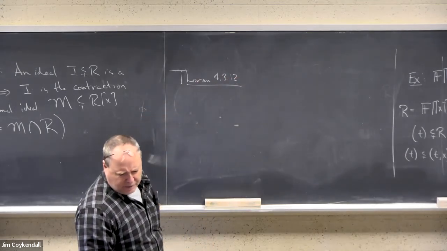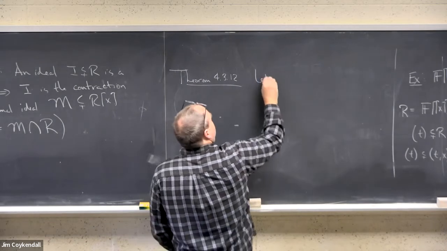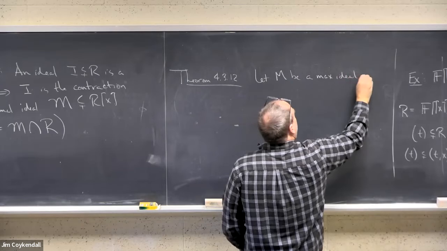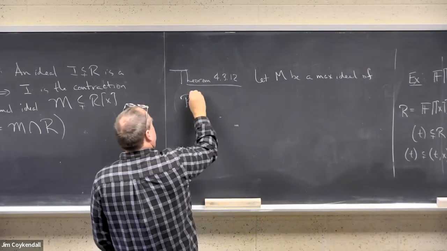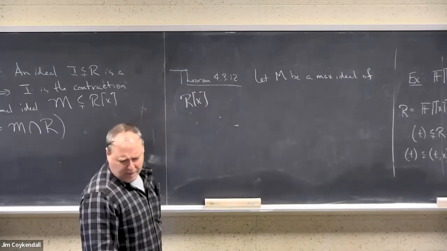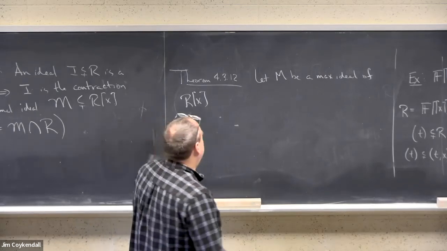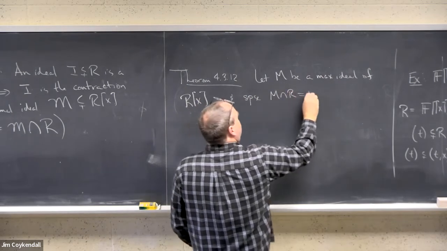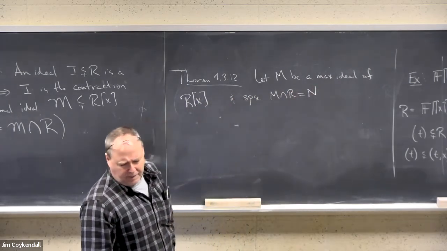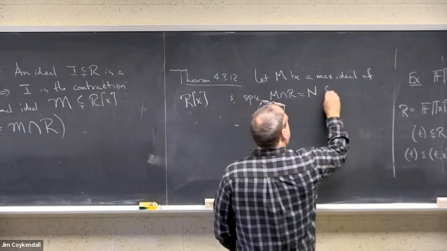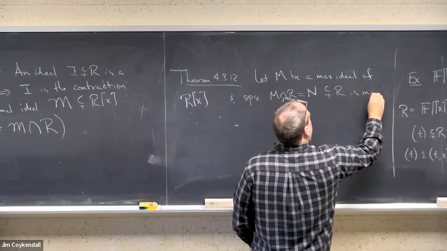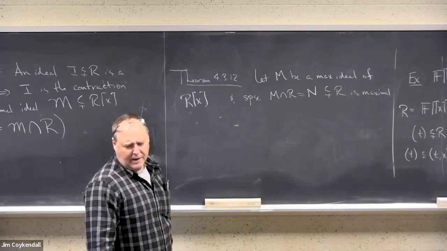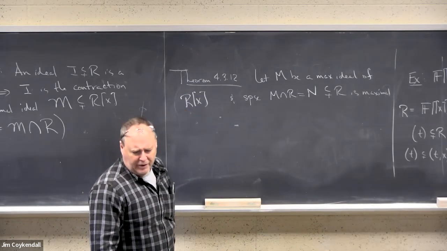So let M be a maximal ideal of Rx. Suppose you have a maximal ideal of Rx, and suppose that M intersect R, suppose when you intersect this down to the coefficient ring, of course, we've seen that this doesn't have to happen, but let's suppose that you have a maximal ideal of Rx for which this does happen.